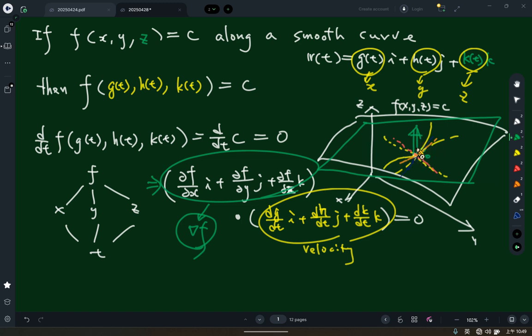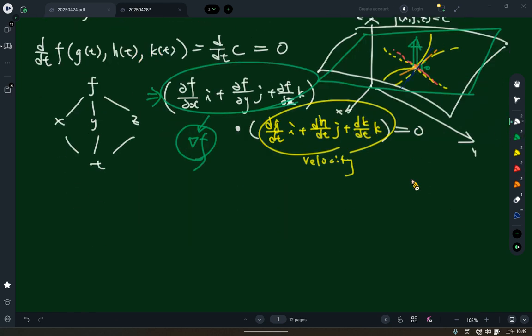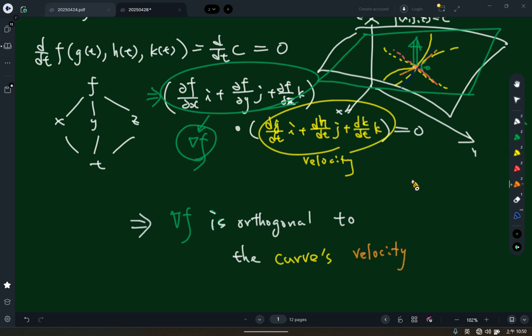So through these velocity vectors we can construct the tangent plane, so that we can know all gradient vectors are orthogonal to the curve's velocity vector.